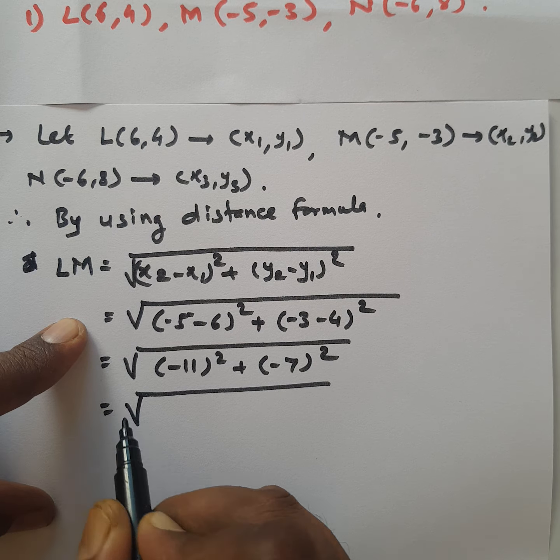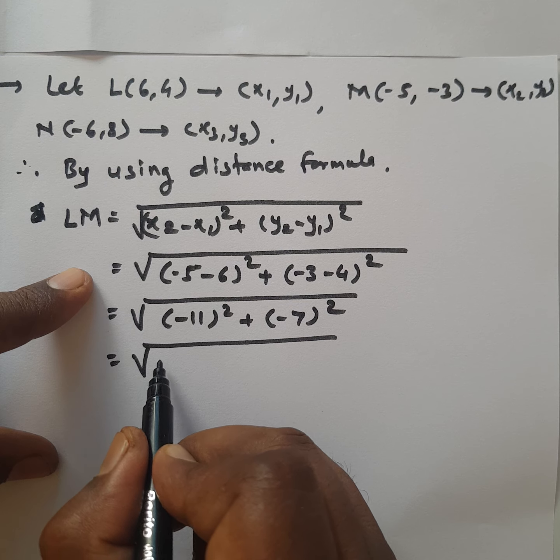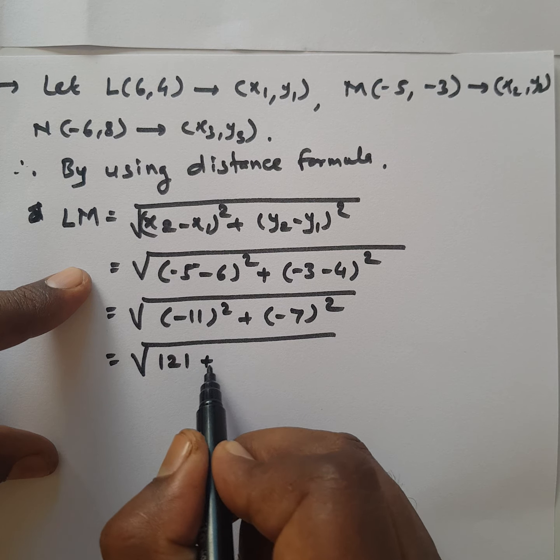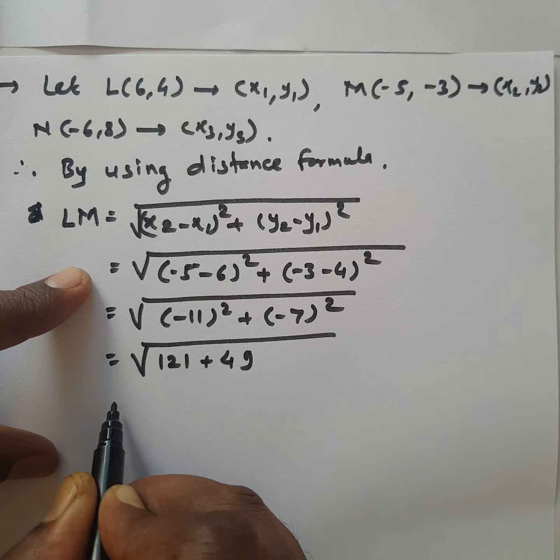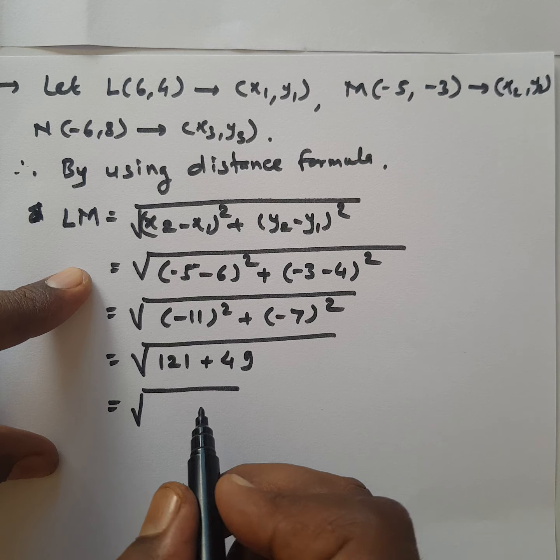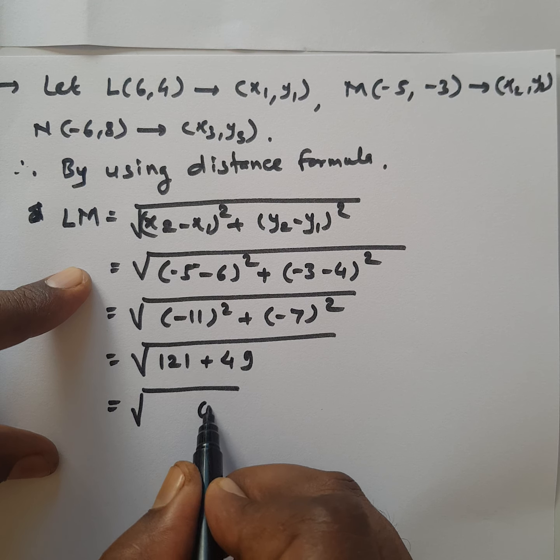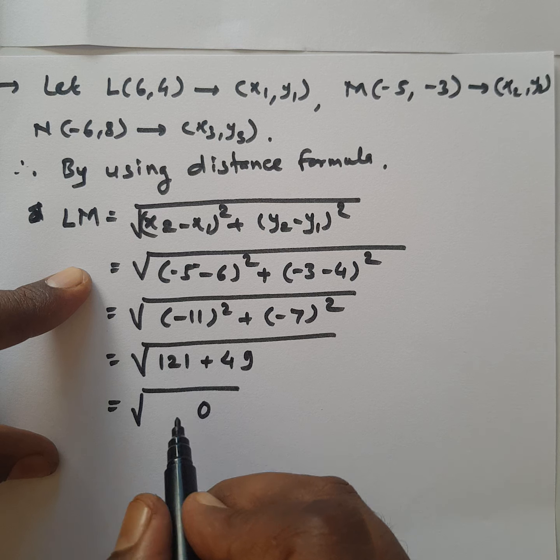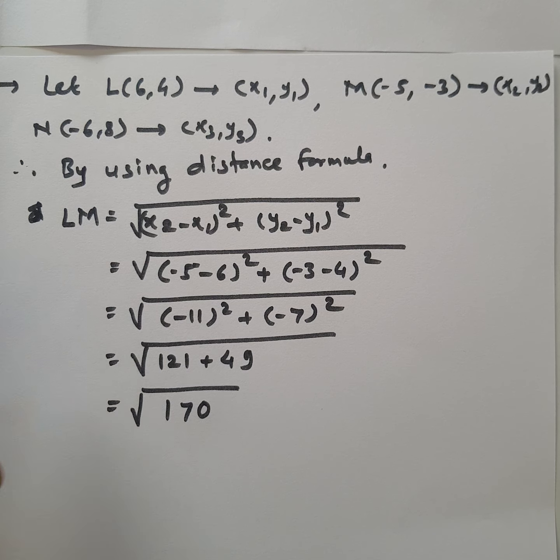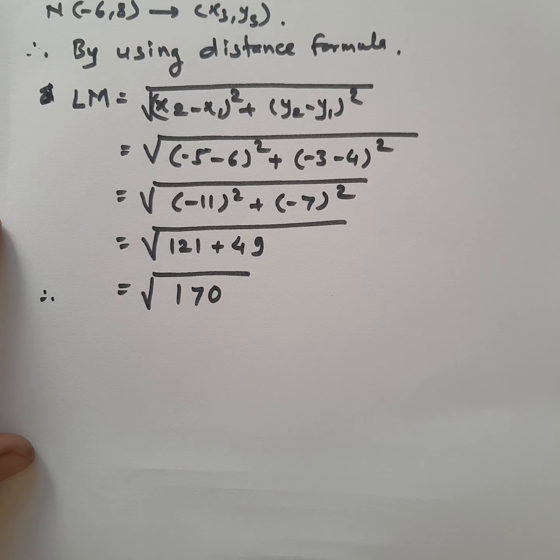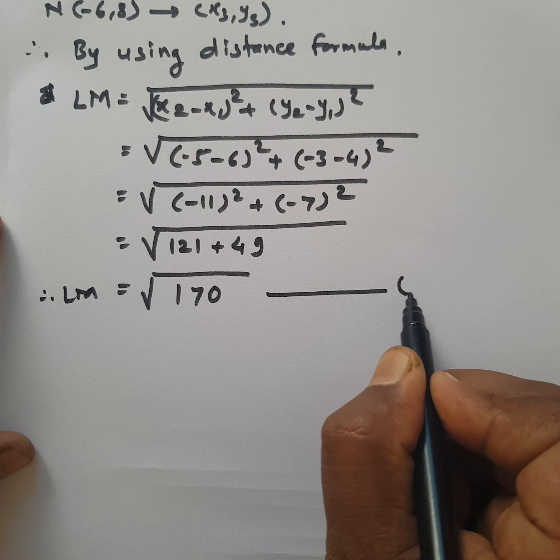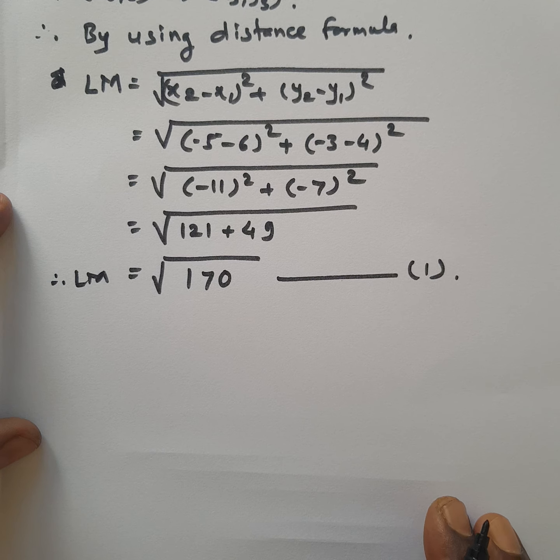Here the square of 11 is 121 plus 49, the sum will be 170. Therefore, LM is equal to root 170. We will give number 1 to this value.